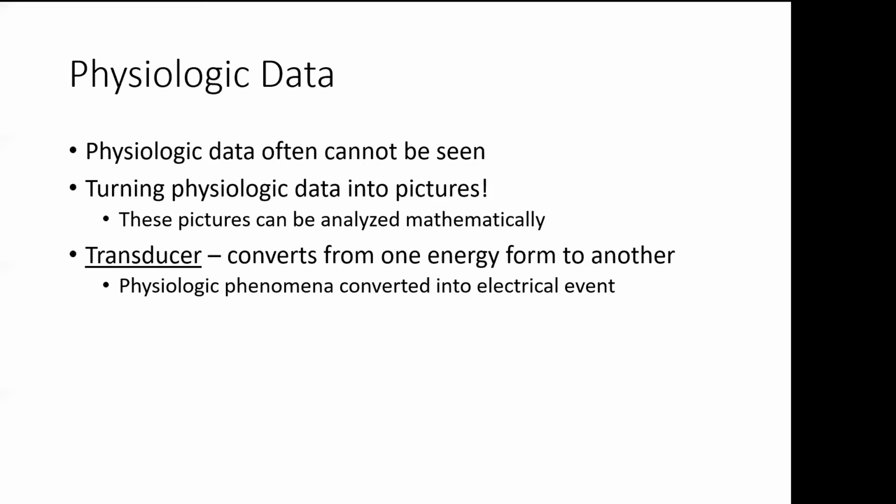And that's really key when we're trying to collect physiologic data, because we're going to be collecting data about the body, about these physiologic phenomena, by looking at things that we can't see, but that our transducer can measure, turn it into an electric signal, bring it into a computer, and provide pictures and mathematical quantifiable measurements for us. So our transducers are going to convert physiologic phenomena into an electrical event, usually which is then read by a computer.